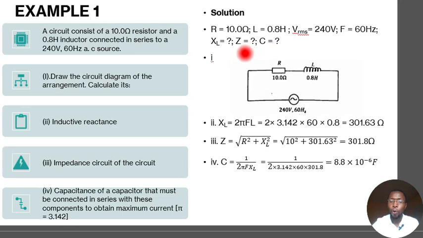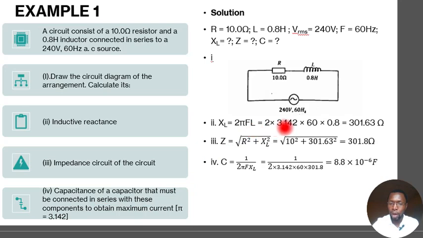For the first one, which is inductive reactance, by formula, inductive reactance is the product of 2 pi, frequency and inductance, that is 2 pi fL. Here 2 is a constant, and pi is given as 3.142 in the question.